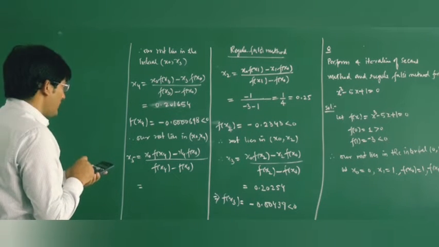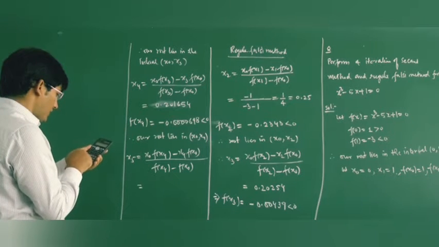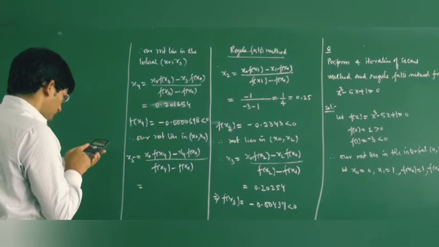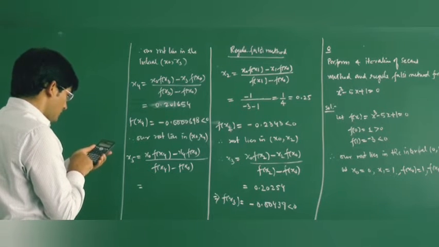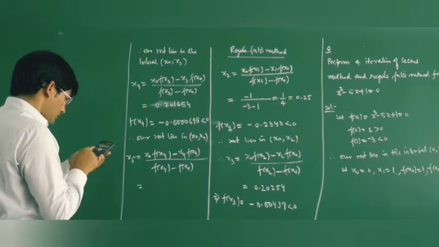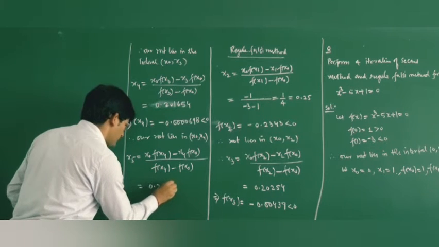minus your x4 is 0.201654 divided by this f of x4, and this is equal to 0.201639.